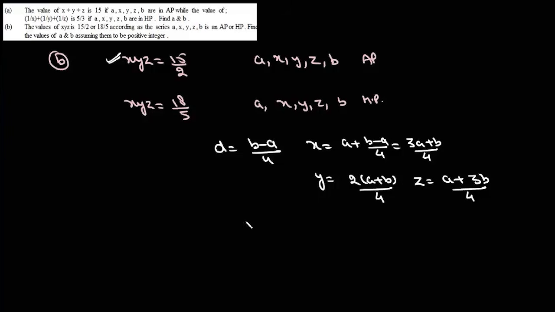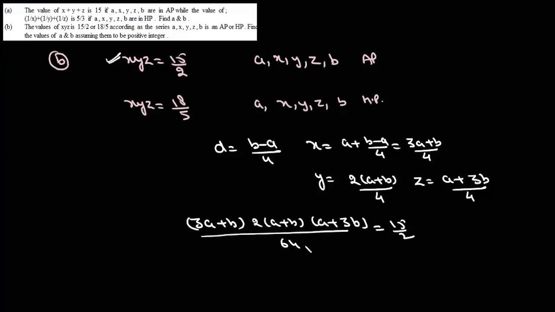So if we multiply X, Y and Z, we'll get 3A plus B into 2 times A plus B into A plus 3B upon 64. It is equal to 15 by 2, and this divided by 32.